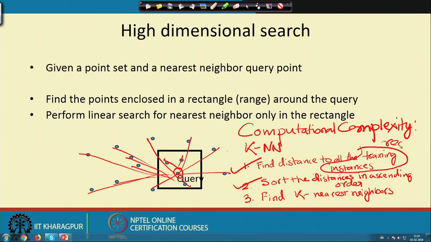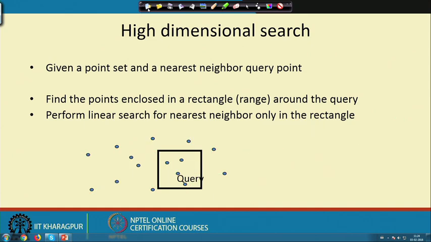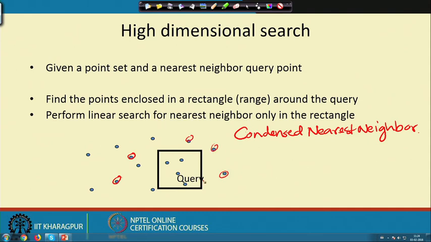One possible way of doing that was by something called a condensed nearest neighbor, where we find a minimum set of examples and replace the training set by this subset, preserving the class boundary.